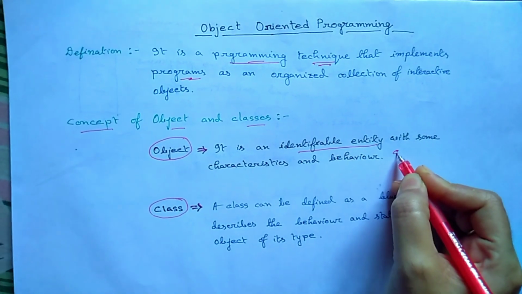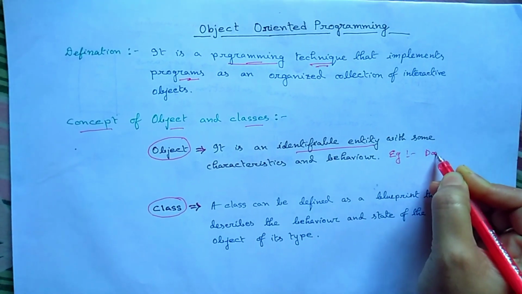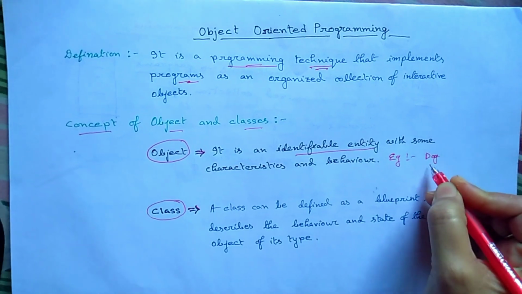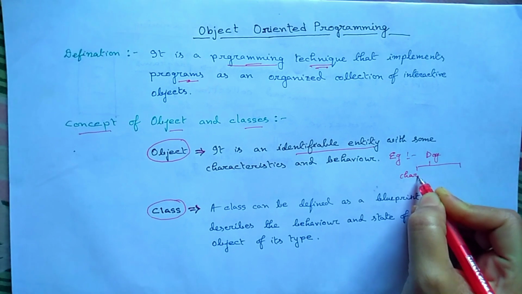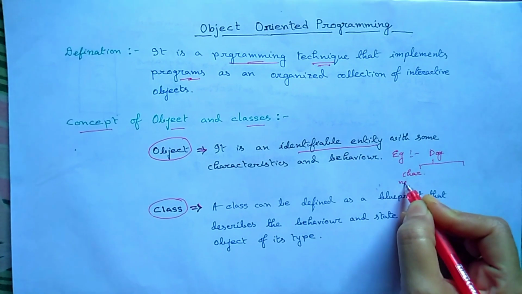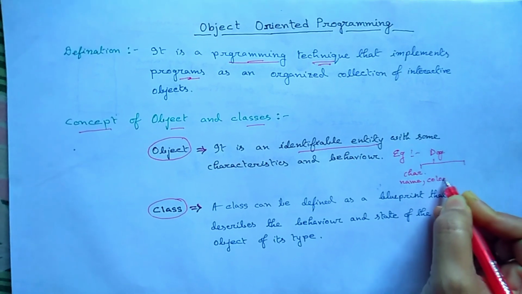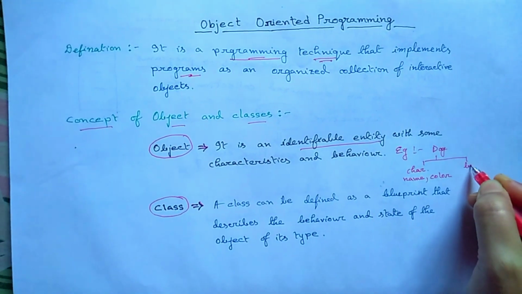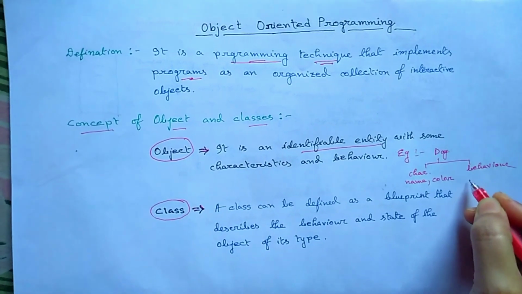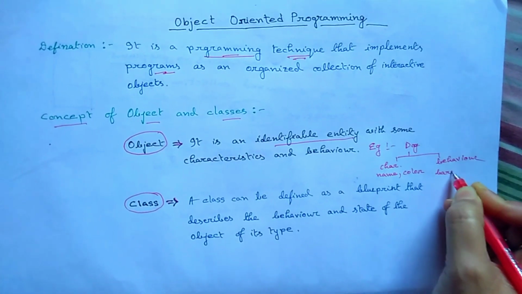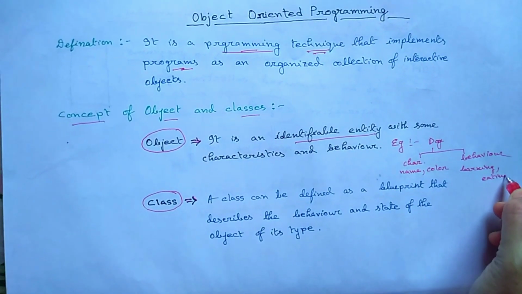For given example, dog is a object. And what is the characteristics of a dog? The characteristics of dog is its name, it might be its color. And what is the behavior of a dog? Behavior of a dog may be barking or eating, etc.